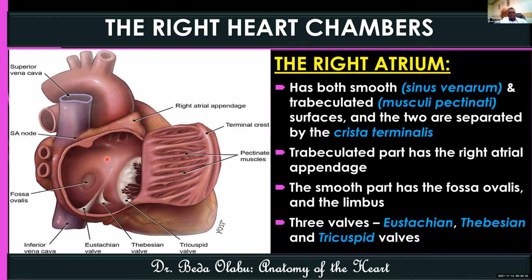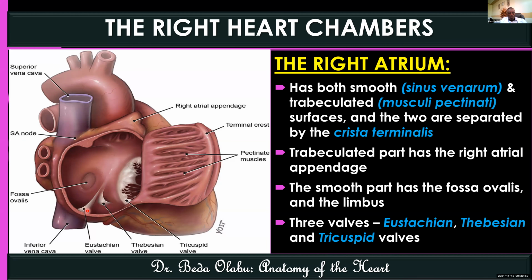We have the Eustachian valve. The Eustachian valve is the valve that guides the opening of the inferior vena cava. This valve is particularly important in embryonic life rather than in postnatal life.